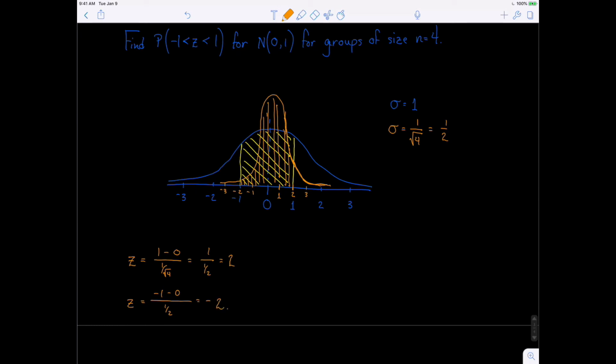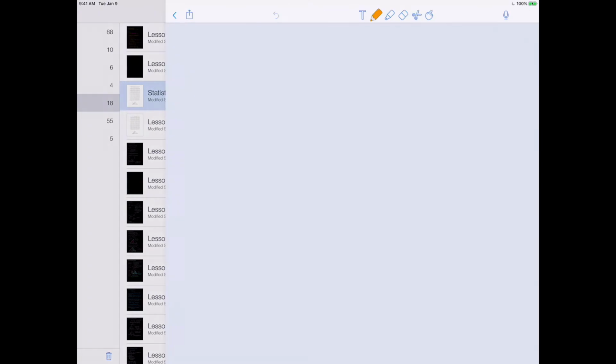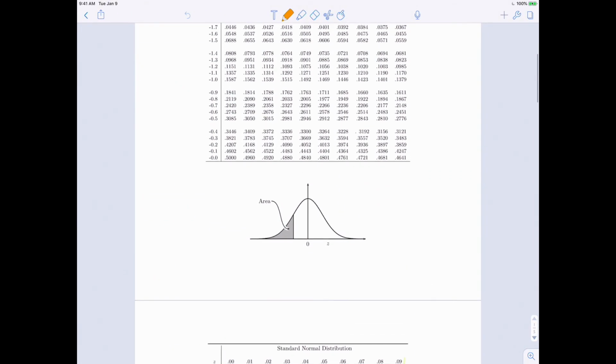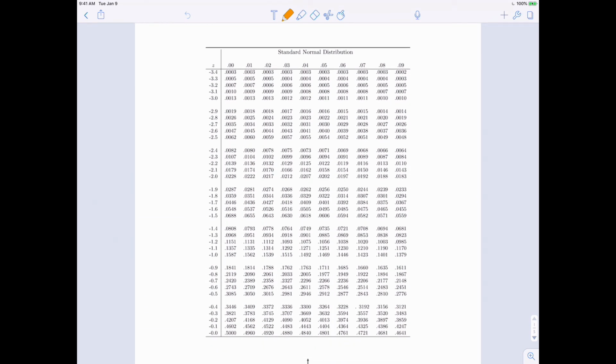Now, if I was to look that up on my tables, I'd have to go back to our statistical tables here. If I want to look up -2, it is right here.